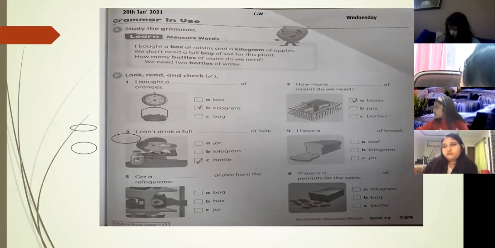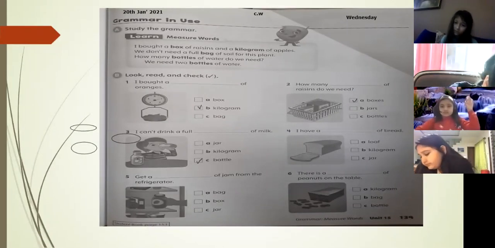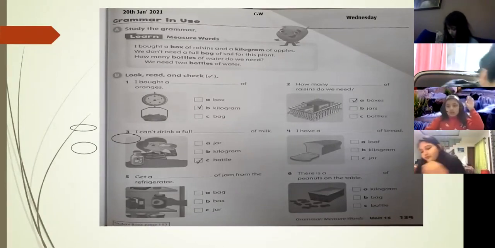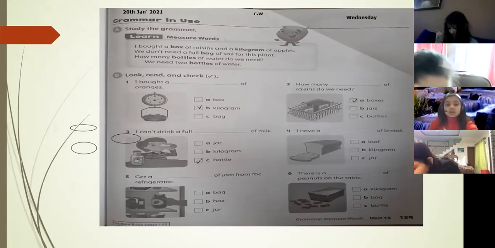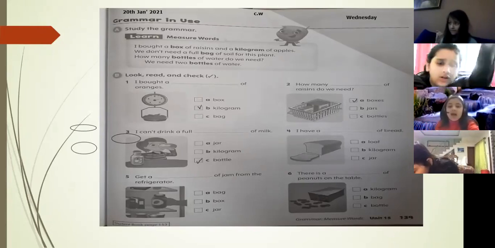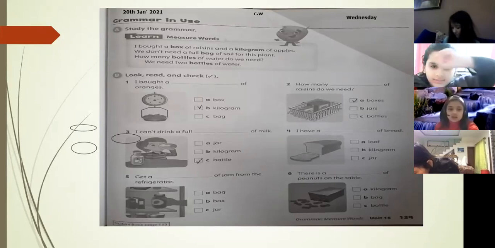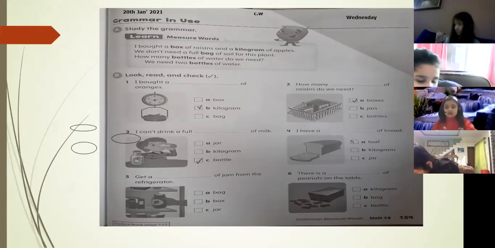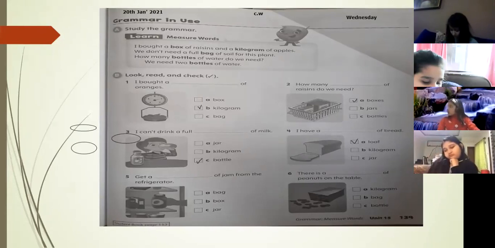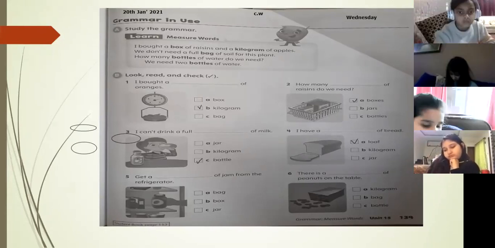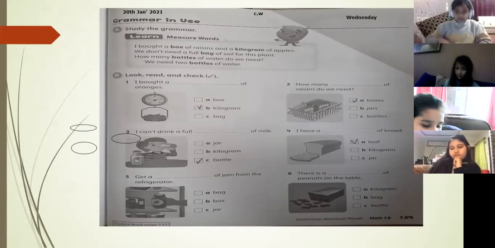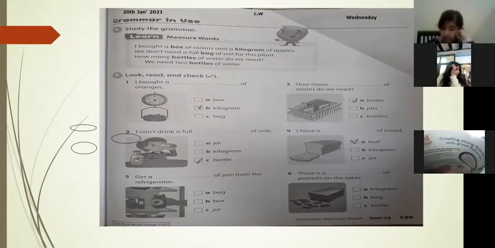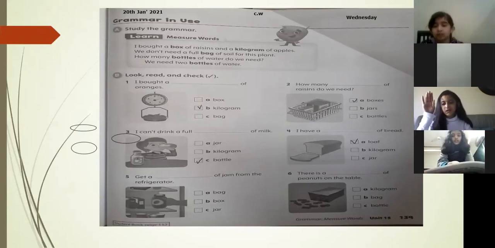I have a dash of bread. Loaf, kilogram, or jar? Yes, Heba? Ma'am, a loaf of bread. Thank you. A loaf of bread. Okay. Number 5 is get a dash of jam from the refrigerator. Yes, Haika?